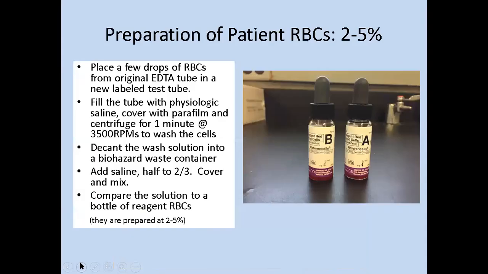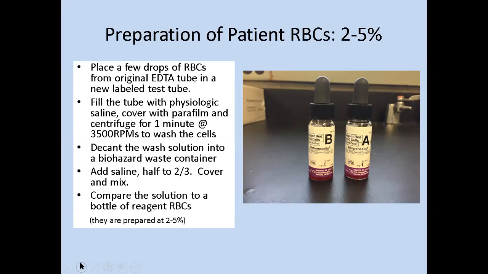When we're getting ready to do testing on our patient's red cells, we don't just test them straight out of the original EDTA tube. We have to prepare a certain concentration of the red cells, and the one that is typically used is 2 to 5% for tube testing. The reason being, if I just took a drop of those straight red cells out of the original tube, those cells would have a lot of antigen on them, and they may overwhelm my antisera when I'm doing testing.